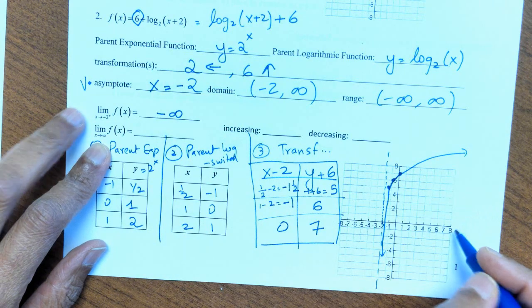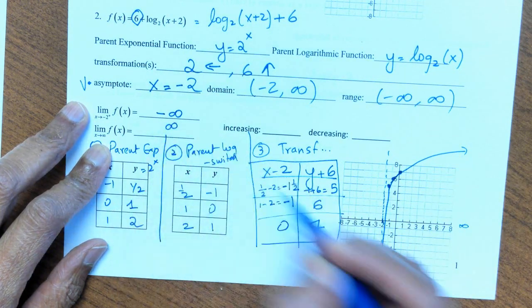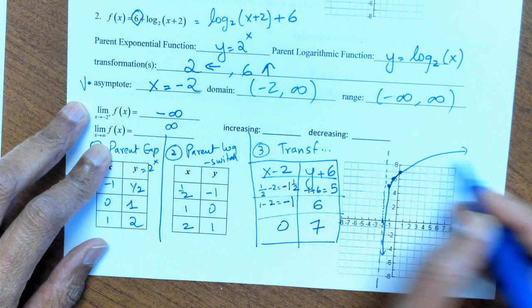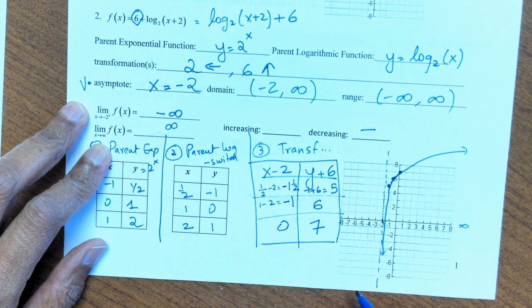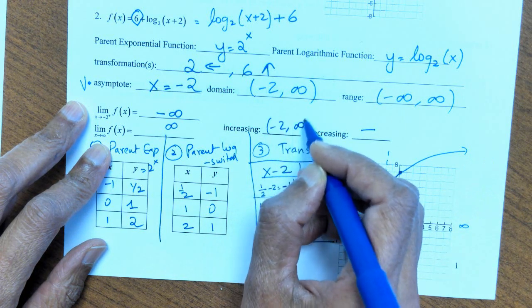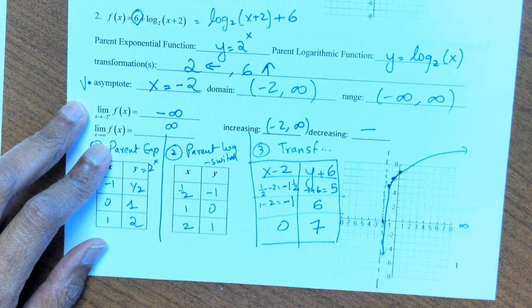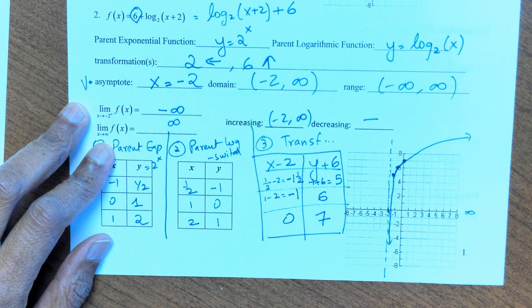And then as x is going towards positive infinity, my graph is growing, so that is positive infinity. It's going up the roller coaster, and my roller coaster is increasing from negative 2 to infinity. Remember, you write only the x value, so it's increasing only from this x value to infinity. So we will stop page 1 with this.